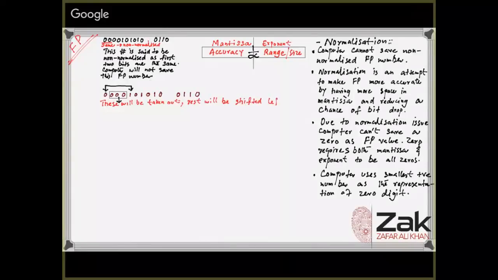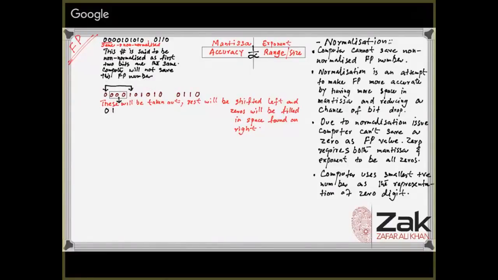Rest means these. From this point onward, they will be shifted to the left, and zeros will be filled in this space found on the right side. So 0 and 1. Now this 0 is this one and this one is here.